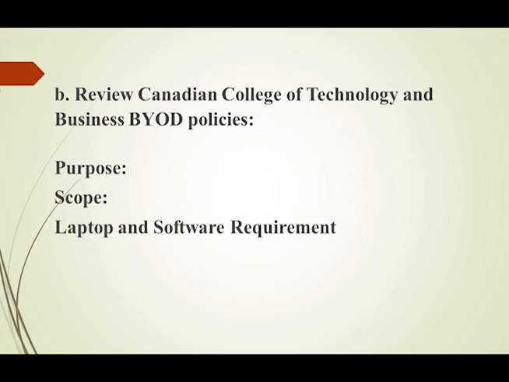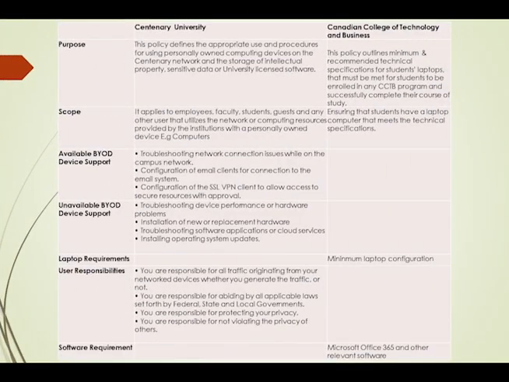In order to make comparison of both institutions' policy, we have made a tabular information of the major information in both policies, which are purpose, scope, available BYOD device support, unavailable BYOD device support, laptop requirement, user responsibility, and software requirement.